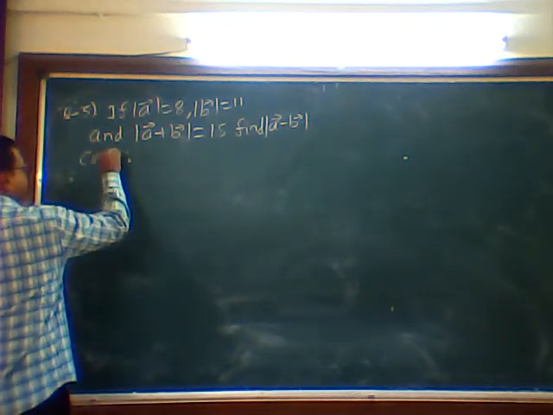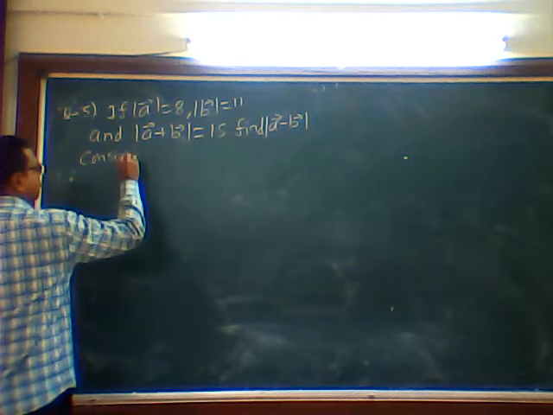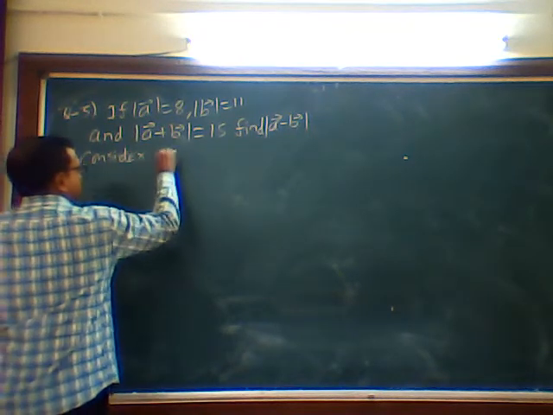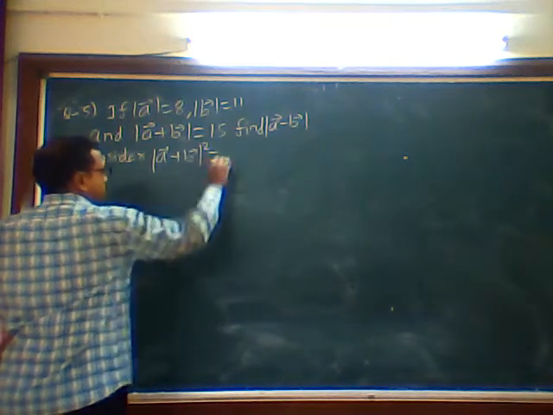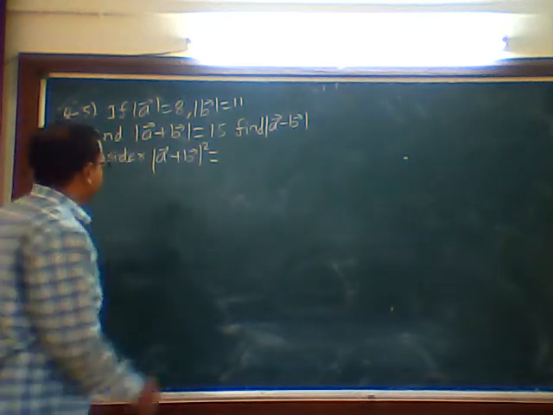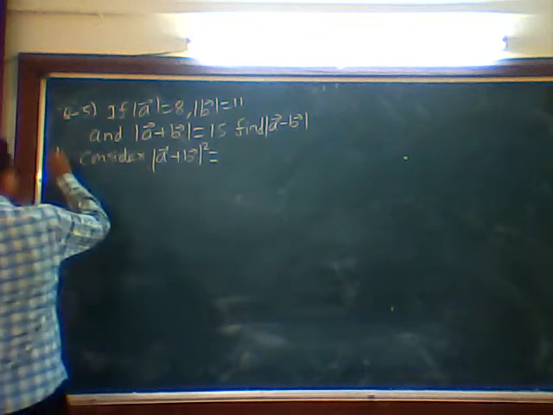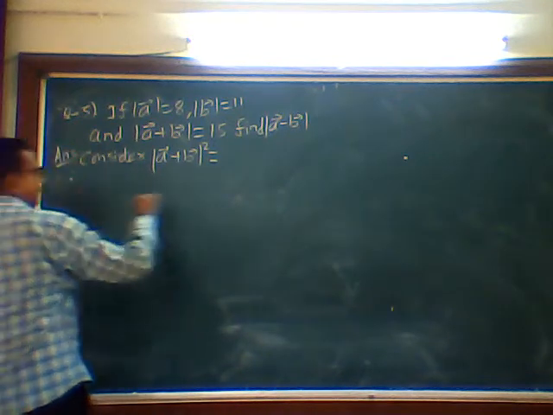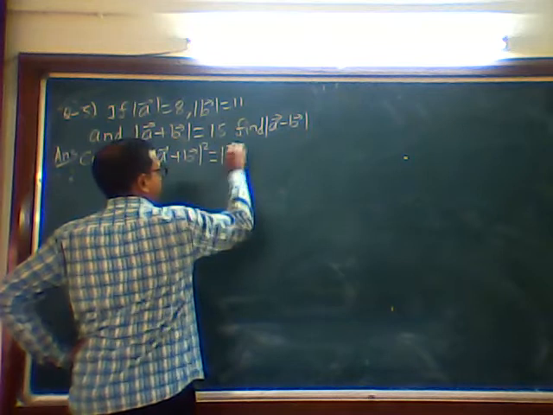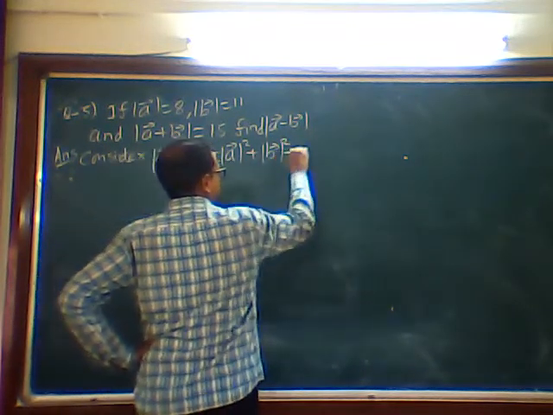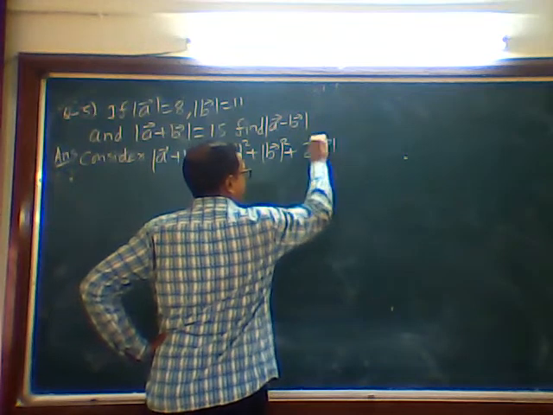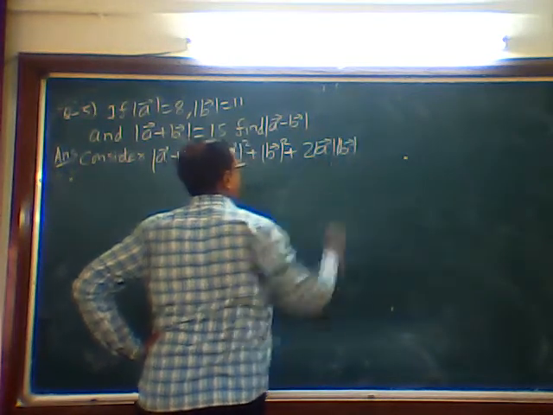We will say, consider mod (a bar plus b bar) whole square. That will become mod a bar square plus mod b bar square plus 2 a bar dot b bar.